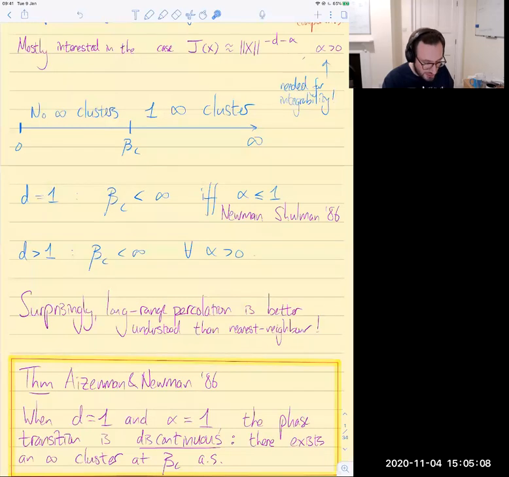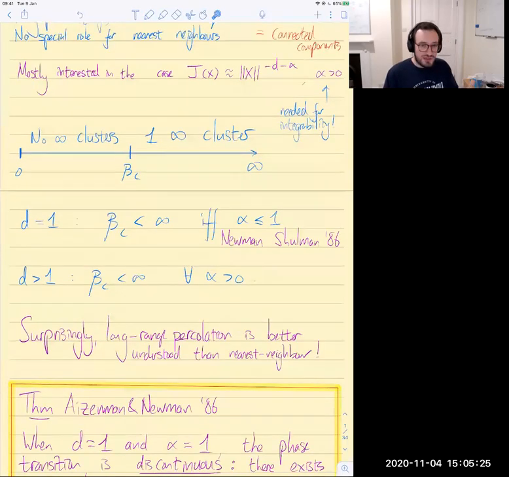You could imagine what happens if you did set alpha to be equal to 0 or negative. It would mean that beta c would be equal to 0, so these questions of phase transitions are not interesting in that context. You should think of the smaller alpha is, the more long range the model is. Bigger alpha makes it harder to have long edges.